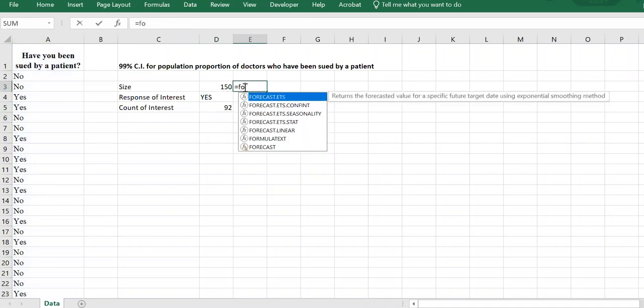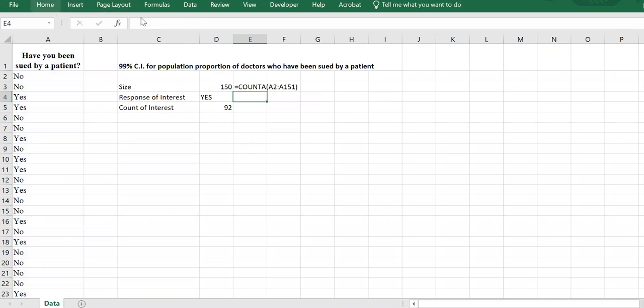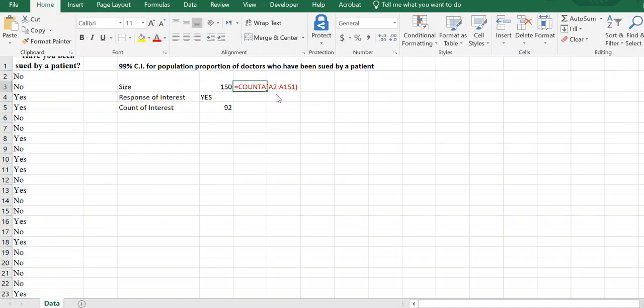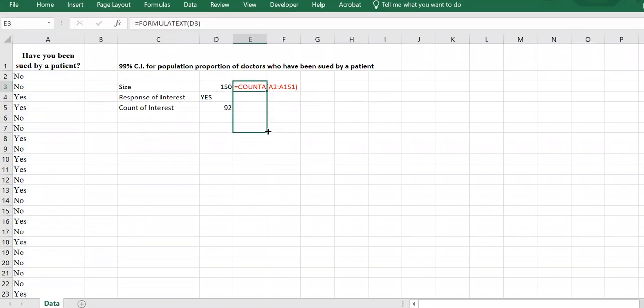That's what I'm doing here. So that's the response of interest. This is the count of interest, and now I can find the sample proportion, or p bar.